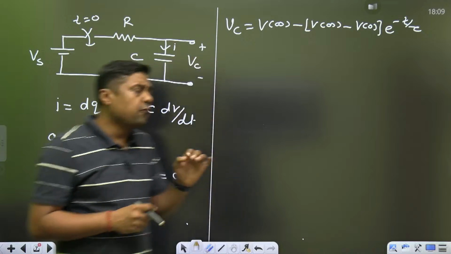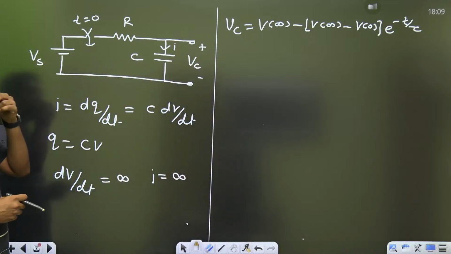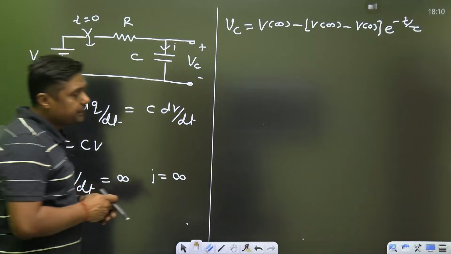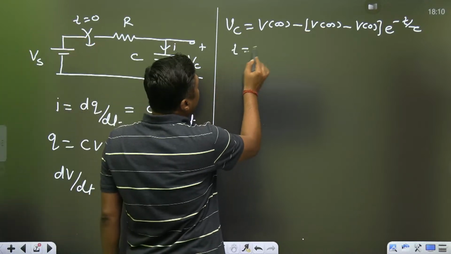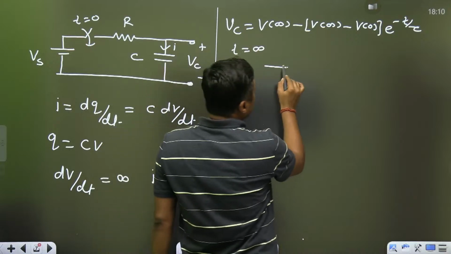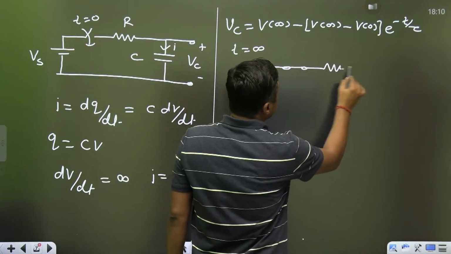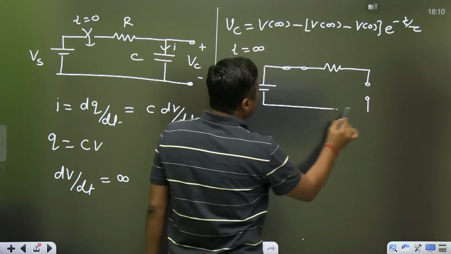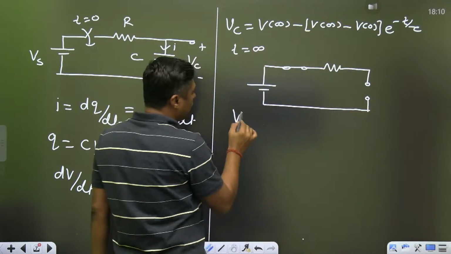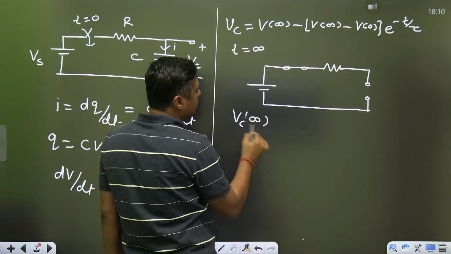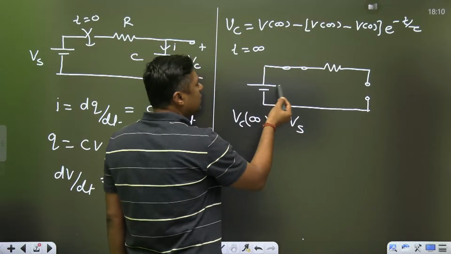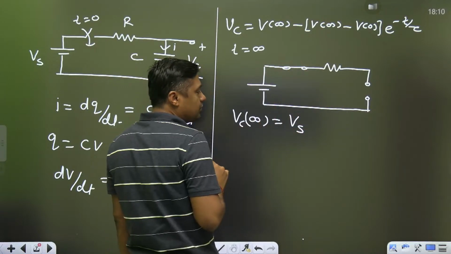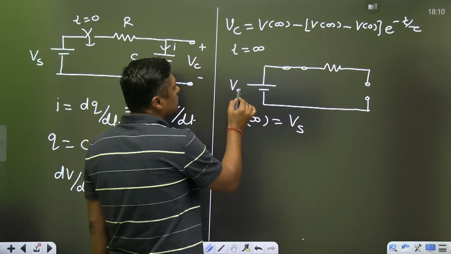So always remember, for DC, if suppose we are going to close the switch, then exactly at infinity, this capacitor will act as an open circuit for DC. Let that switch is closed, and exactly at infinity, the capacitor is fully charged and it will act as an open circuit. Therefore, what is the final voltage across the capacitor? It will become Vs. Suppose it is 10 volt, then capacitor will charge up to 10 volts, or 20 volts and so on. It depends upon the Vs.